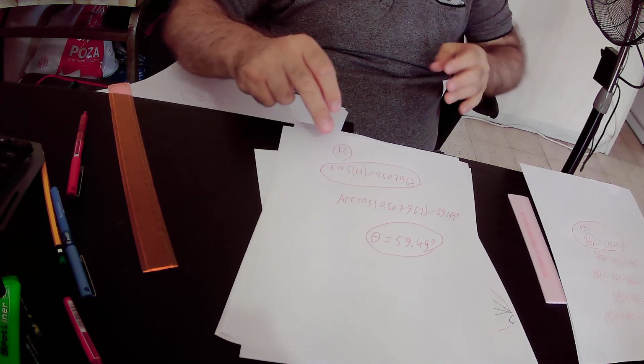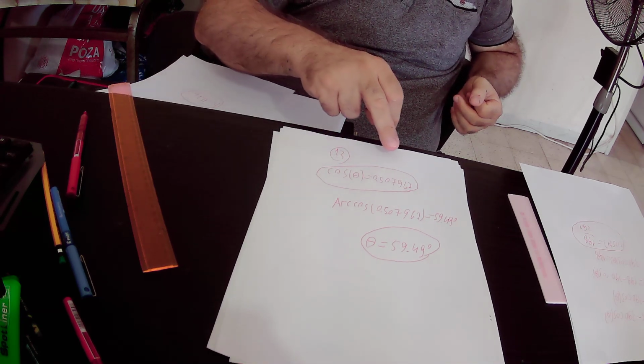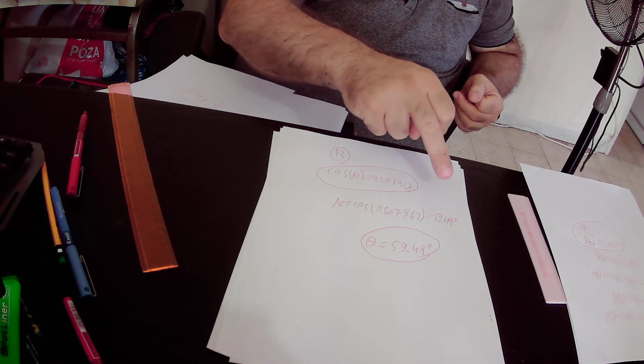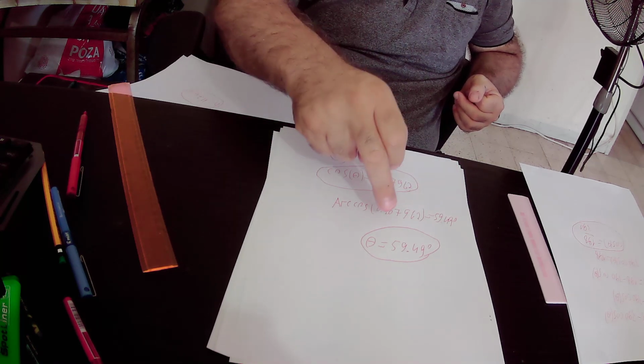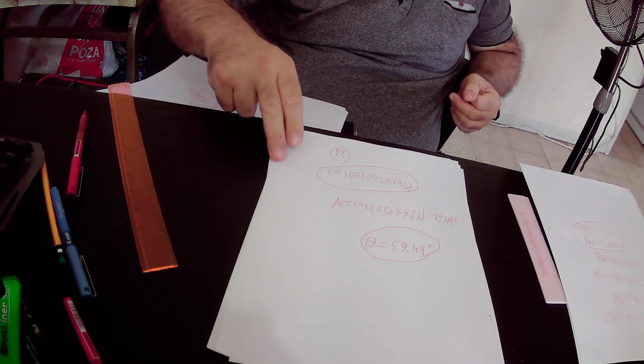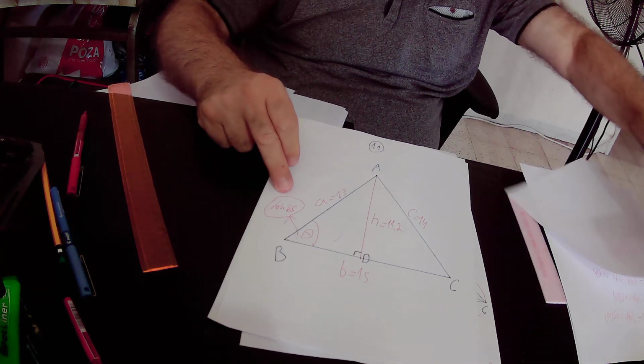The inverse function of cosine is arc cosine, so arc cosine of 0.507962 is 59.49 degrees, so theta equals 59.49 degrees. Okay, so we found the value of theta.